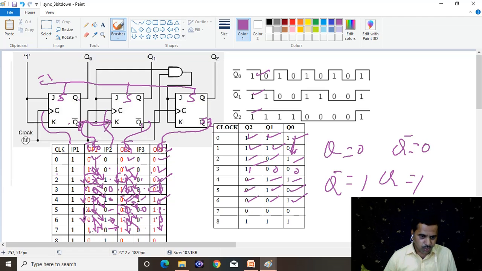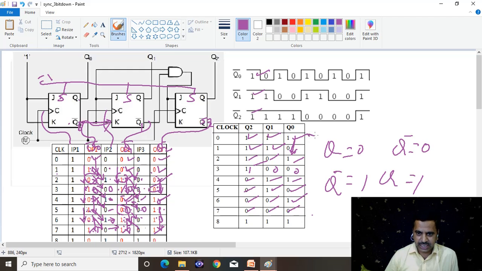That is 1, 1. That means opposite to that one, it should be 0, 0, 0. So you are getting 0, 0, 0. So it reaches 0. At the end of the seventh clock pulse, you are reaching 0.